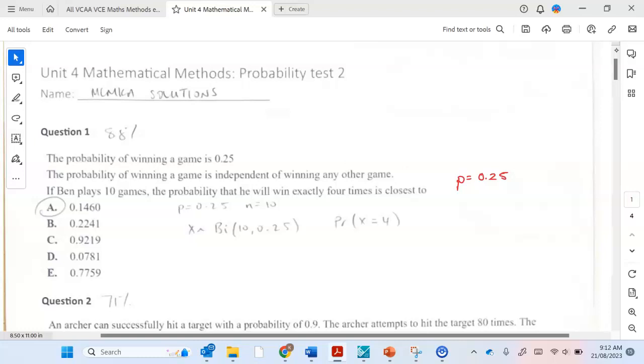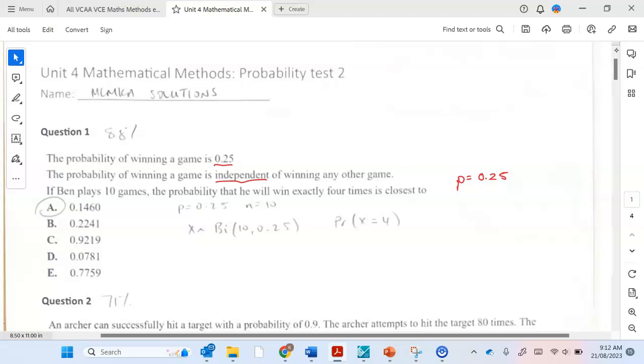The first is that they're independent. You can only use binomial when you've got independent events. And we've got a probability of success, winning a game, and a probability of failure, so there's only two possible outcomes, success and failure, and they're independent events.